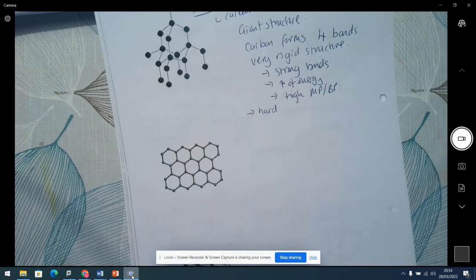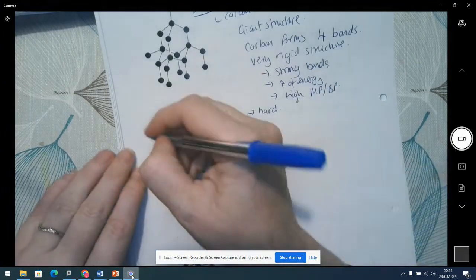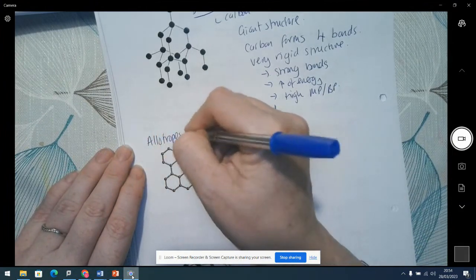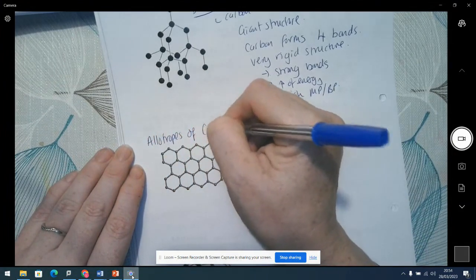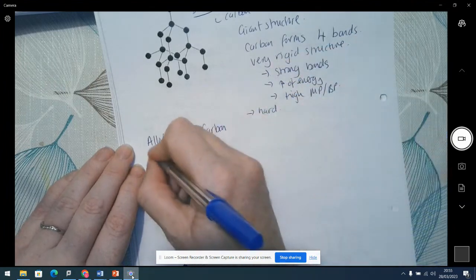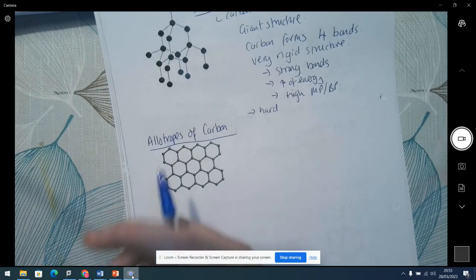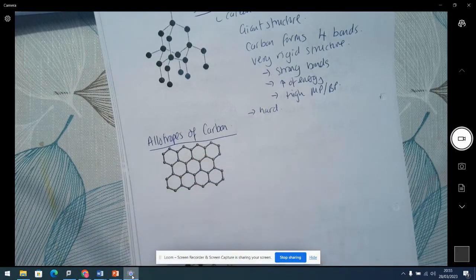Now, the final things I want to talk to you about in this video are what we call, fancy word, allotropes of carbon. And basically, this is different forms of carbon that can exist, and as a result, it changes the properties of the carbon. So graphite is one of them. So we know graphite is a giant covalent structure that is made of hexagons that form these layers.